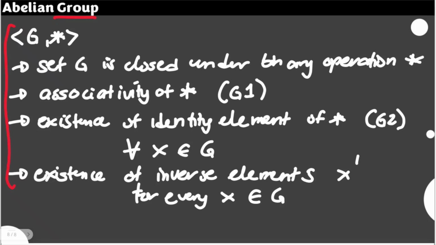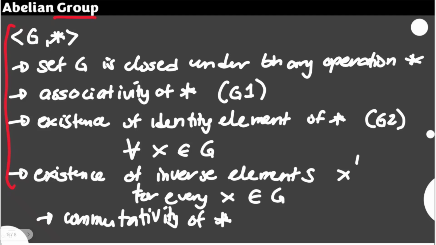Now, for it to be considered Abelian, we have here the commutativity of your operation star. The presence of the commutative property allows the group to become an Abelian group.